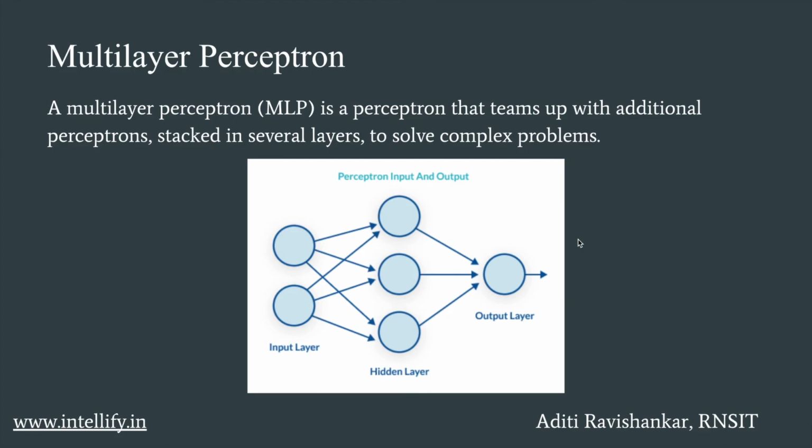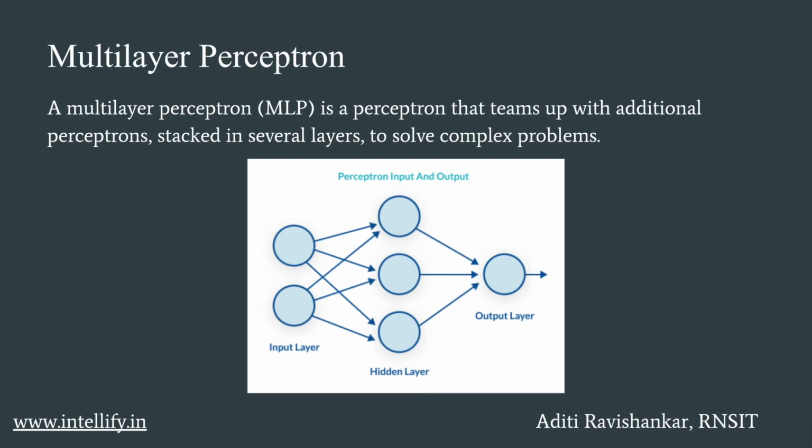Each perceptron sends multiple signals, one signal going to each perceptron in the next layer. For each signal, the perceptron uses different weights.